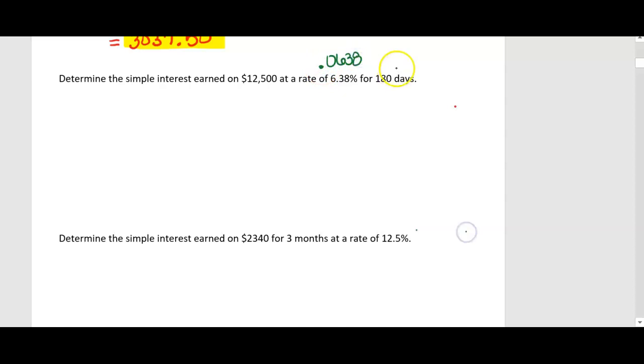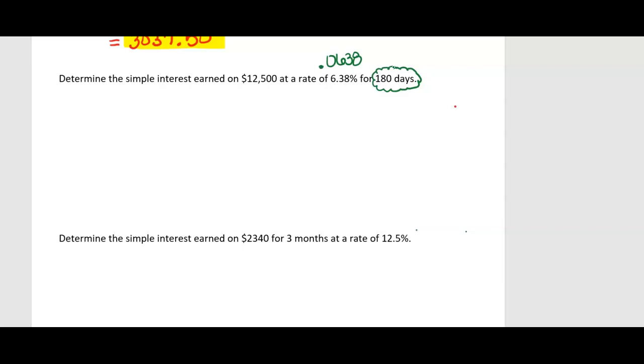I also need to notice that this is in days. Now, I want to caution you here for days. If I ask the class how many days are in a year, most people would say 365. That is usually what most banks and most lenders will use, 365 days in a year, and that's what we're going to use in this conversion.